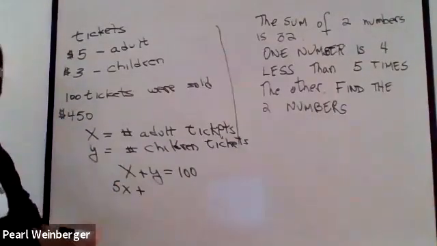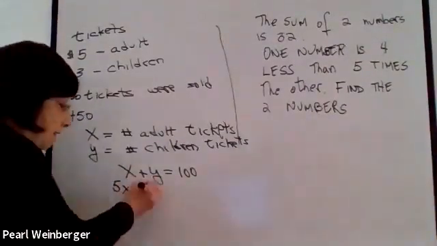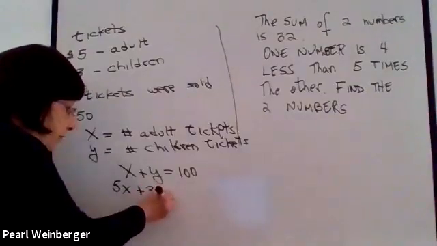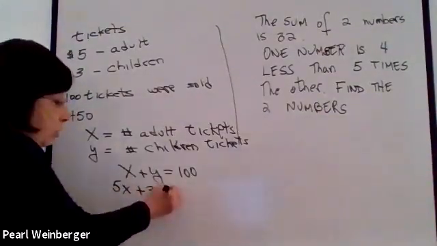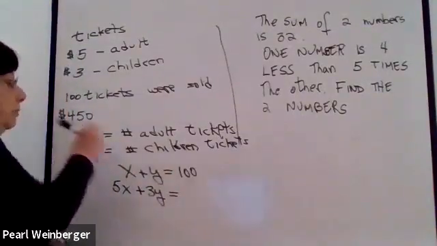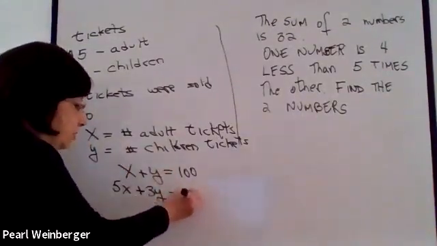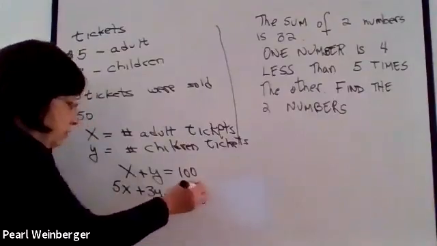The amount we're making on the children's tickets is 3y. Notice I'm including the price of the tickets when I use the money. That all adds up to $450.